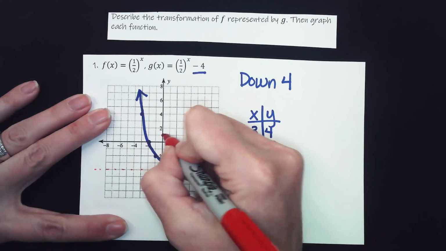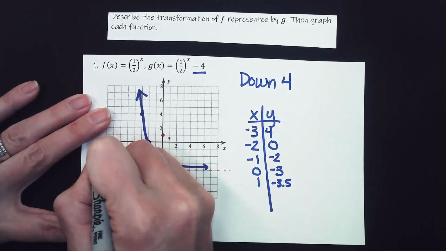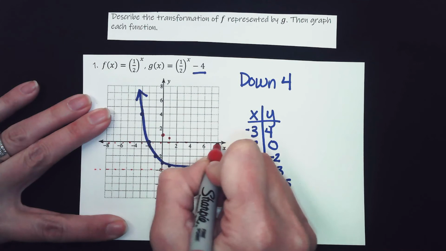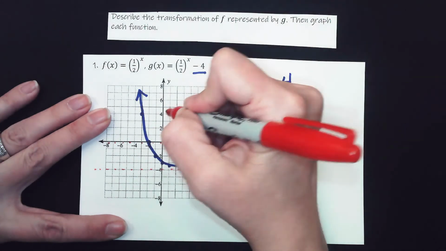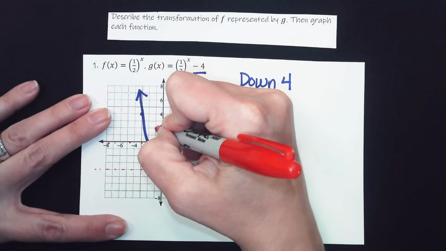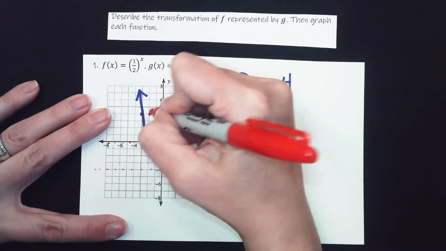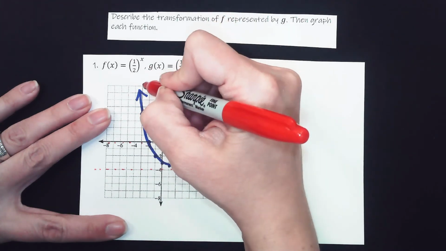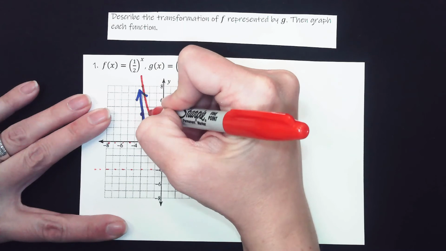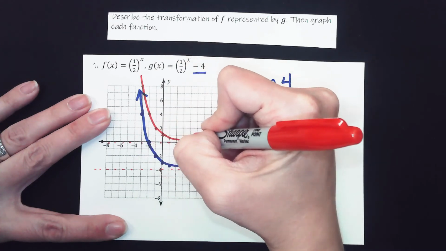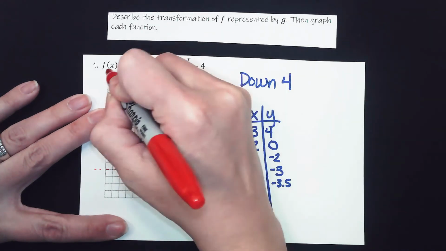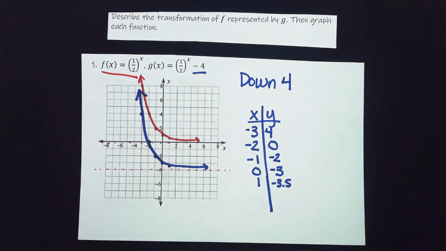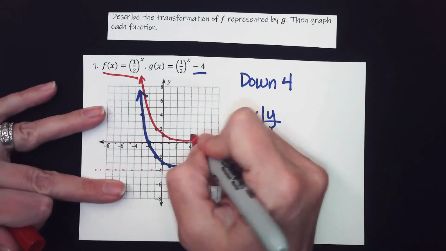So we would have our asymptote through here for the original. And then here, here, and up there. So it's going to look like this. That was f of x. G of x was in blue. So I'm going to label them.